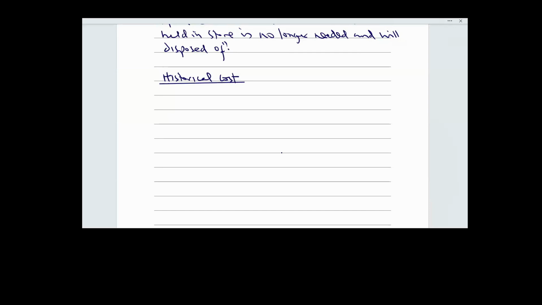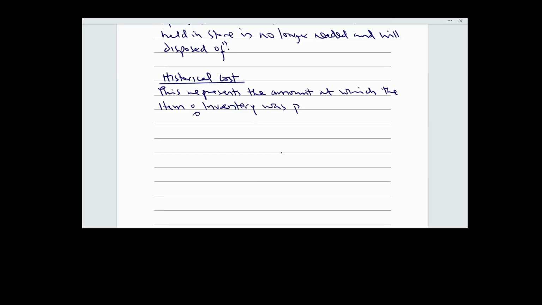This represents the amount at which the item of inventory was purchased.